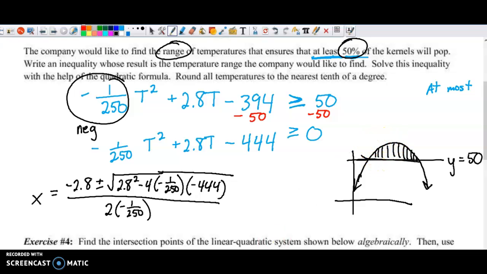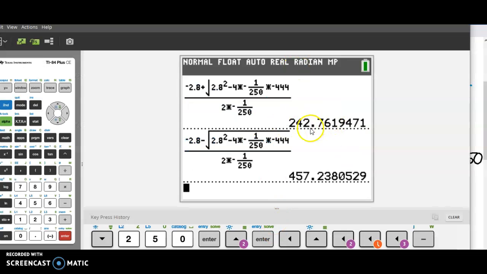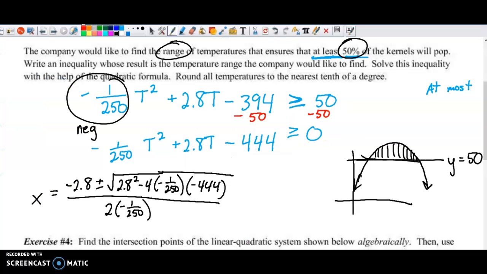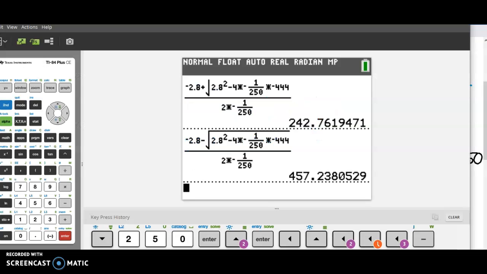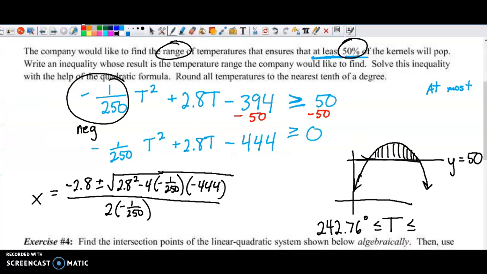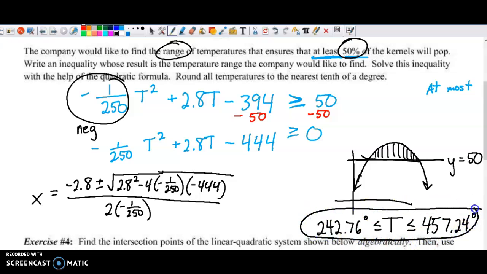So if I go back to my calculator, does it make sense that we want answers between 242.76 degrees less than or equal to T, or less than or equal to 457.24? And that's the kind of answer that we're looking for.